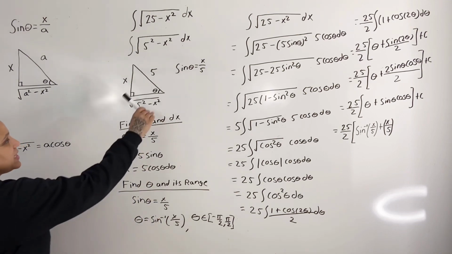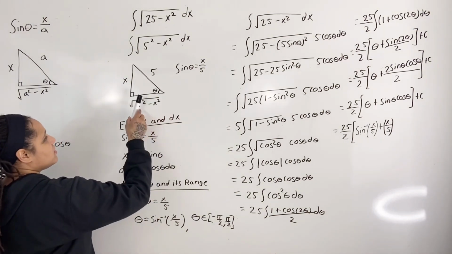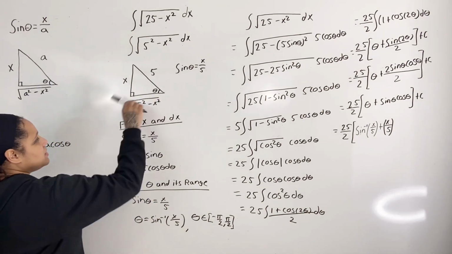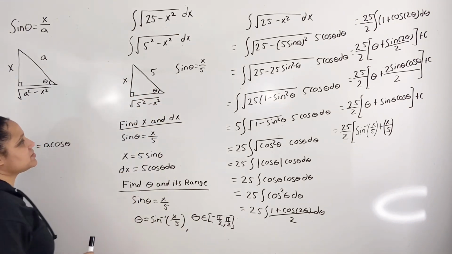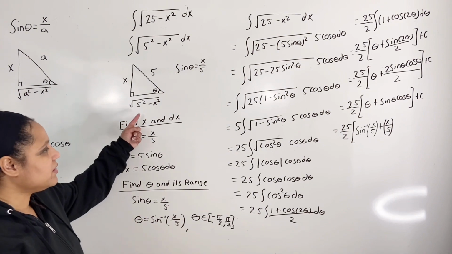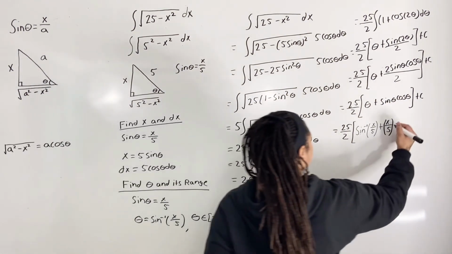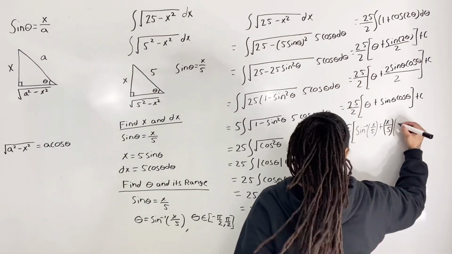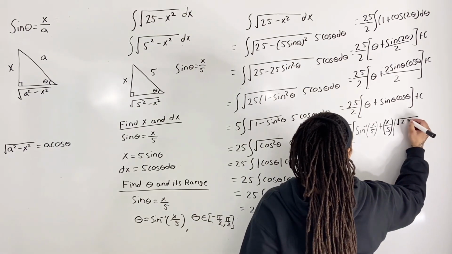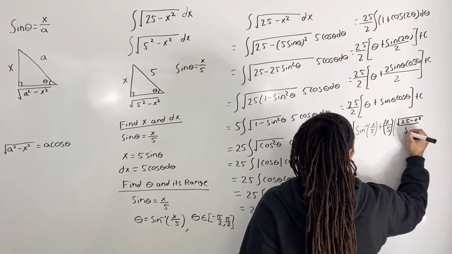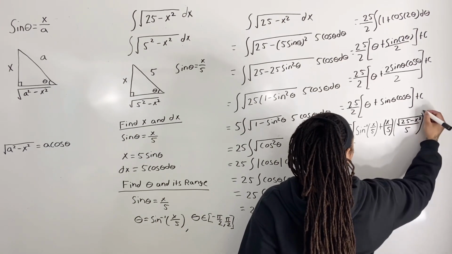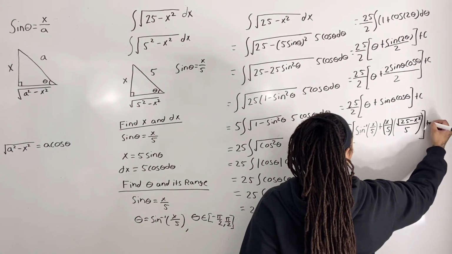Well, cosine of theta is equal to the adjacent side over the hypotenuse, right? So here I can say times the square root of 25 minus x squared over 5. And don't forget to include plus c.